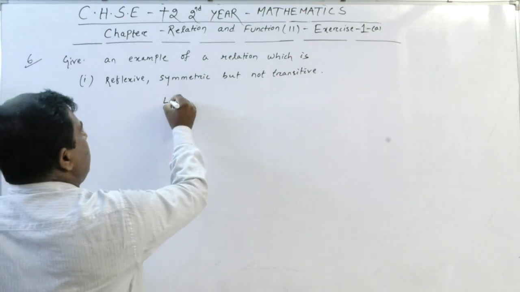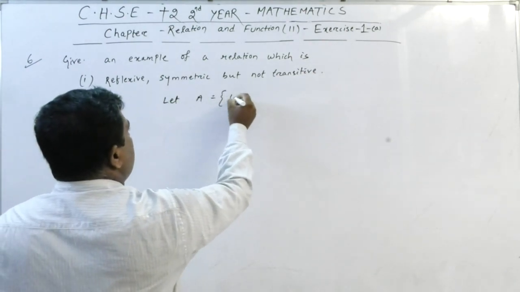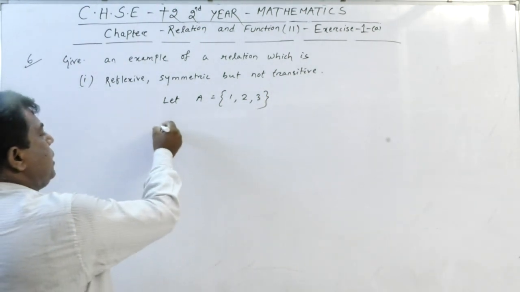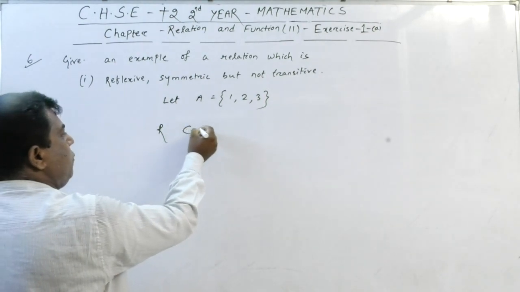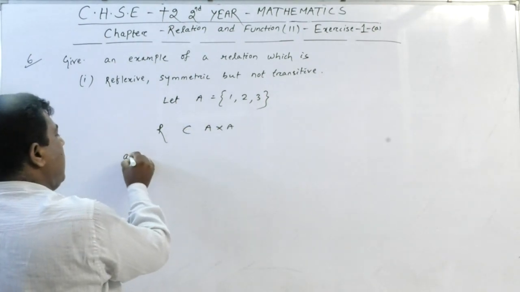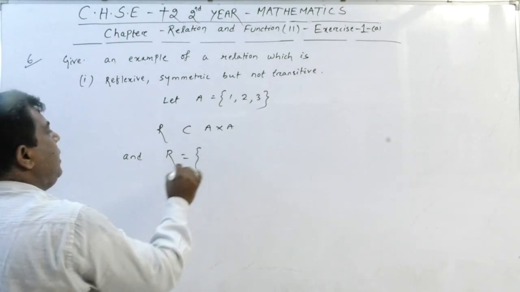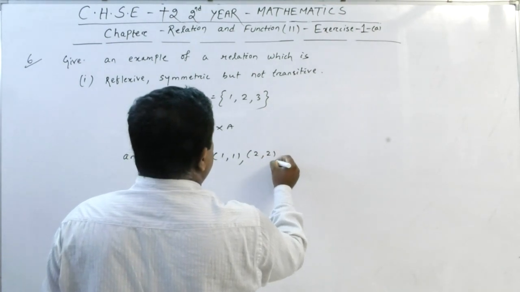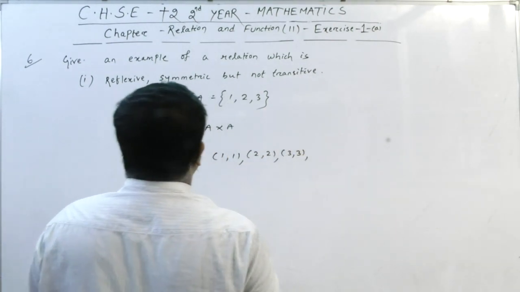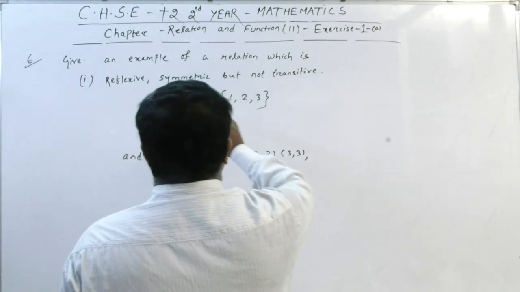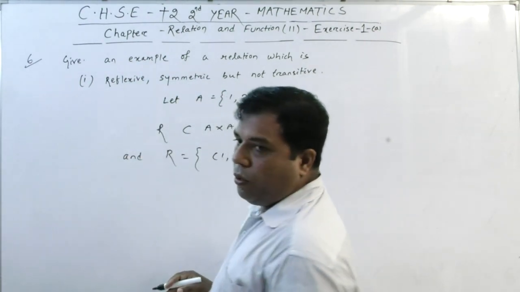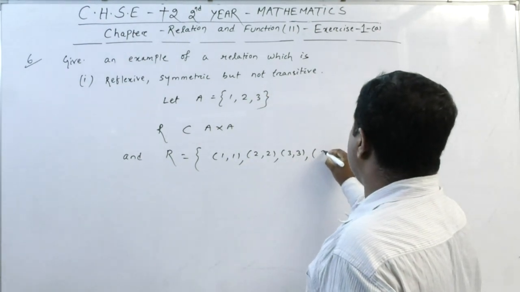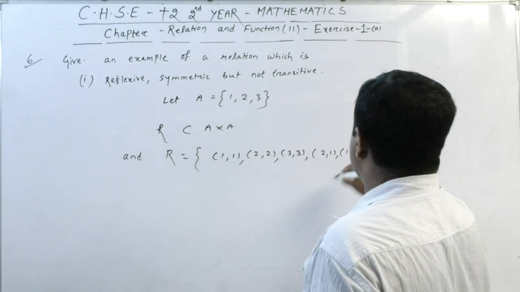Let A equal to the set {1, 2, 3}. Now we have to take a relation R which is a subset of A cross A. As it is reflexive, consider R equal to {(1,1), (2,2), (3,3)}. Now for symmetric, not transitive, we take (2,1), (1,2).